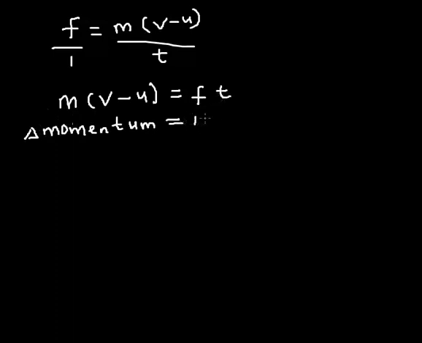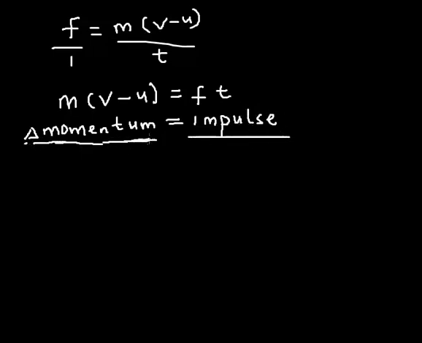The product of force and time in physics is known as impulse. Impulse is the instantaneous force an object experiences at an instant. So in physics we can simply say that the change in momentum of an object is equal to the impulse on that object. When there's an impulse on an object, it will cause that object to change momentum.